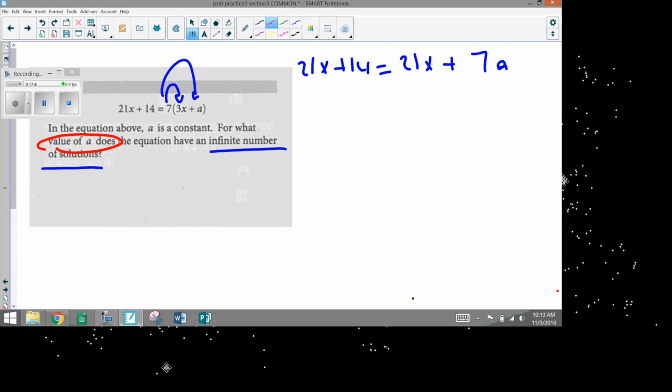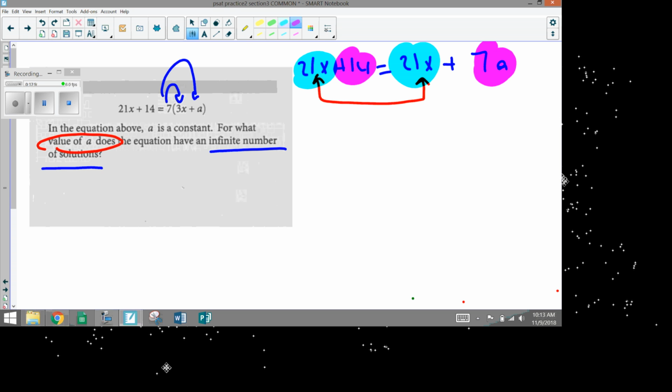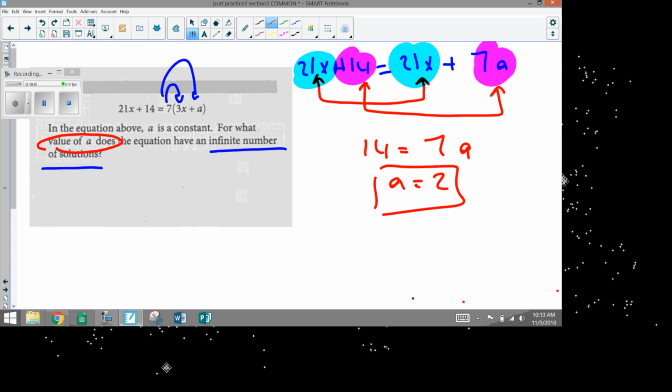What is A? These guys are matching, and those are supposed to be matching. So 7a should be equal to 14. So 14 equals 7a, apparently a is equal to 2. Okay, we solved it, right?